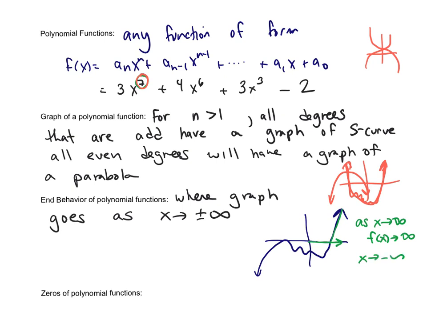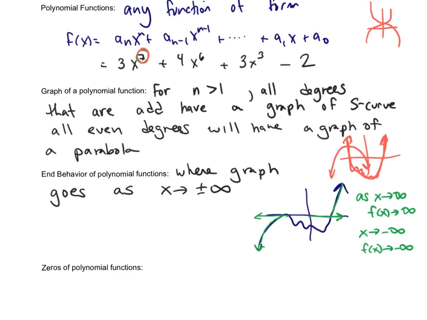As x goes to negative infinity, so as the x's go this way, you'll see that the f of x values get smaller and smaller and smaller. So they go to negative infinity. So end behavior, very important. We'll tie that a lot into when we talk about limits in our chapter 2 as we go to infinity.